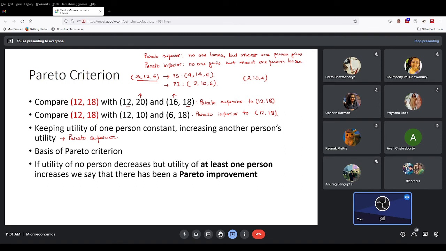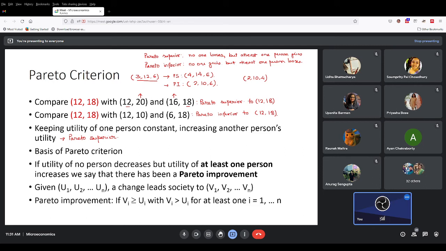So, if no one loses, the utility of no person decreases, but utility of at least one person increases, we say that there has been a Pareto improvement. So given U1, U2 and Un, there is a change and society moves to V1, V2 and Vn. Pareto improvement implies that Vi is greater than or equal to Ui, with Vi strictly being greater than Ui for at least one i.